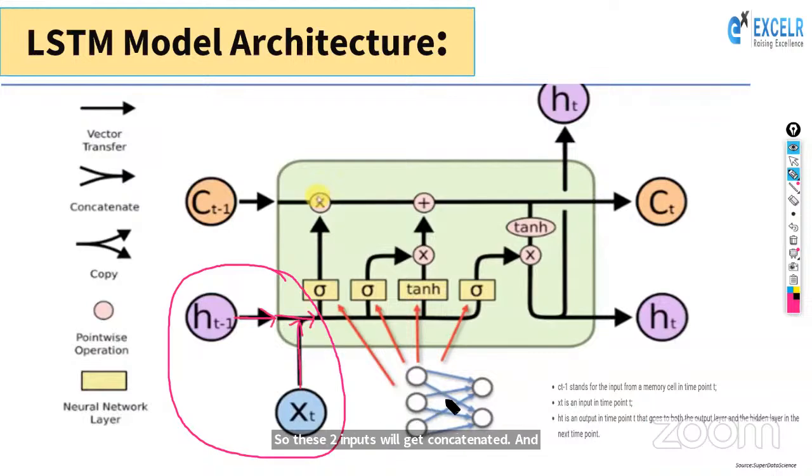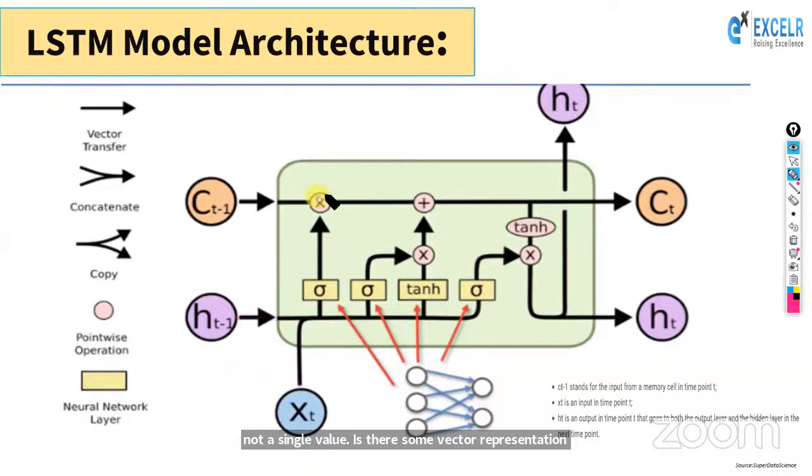Since we are dealing with a neural network, in the case of LSTM, h of t, h of t minus 1, all of these are in the form of vectors. These are not single values. These are vector representations of text data, right?